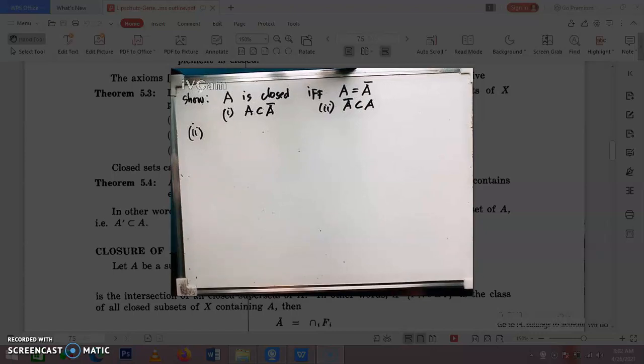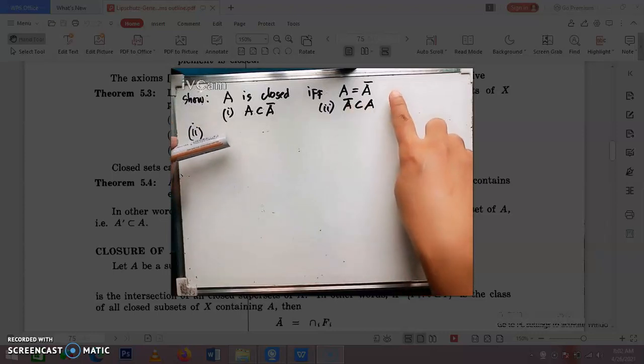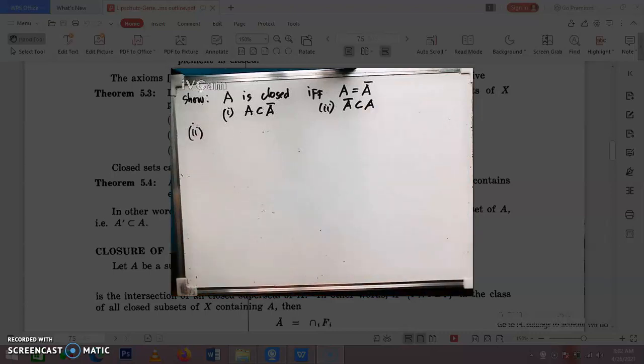Next, we will show that A is closed if and only if A is equal to its closure.